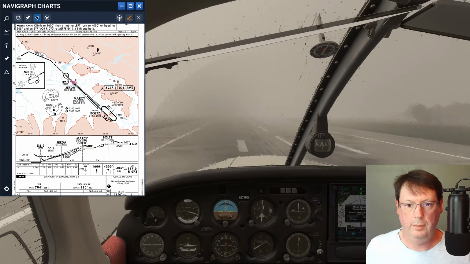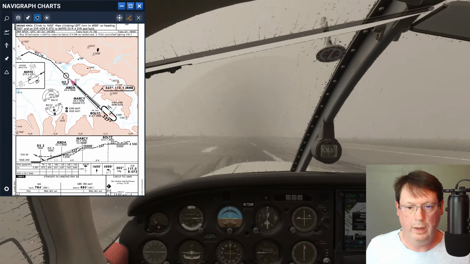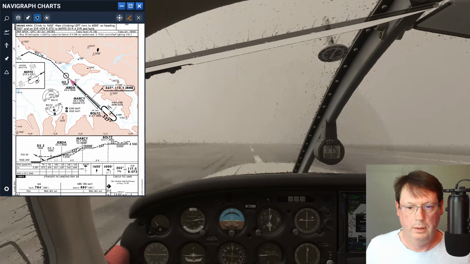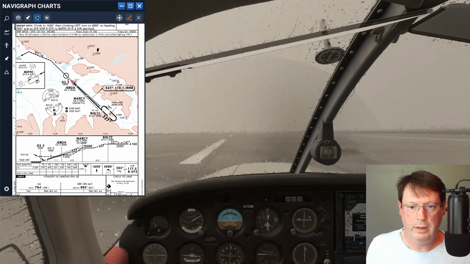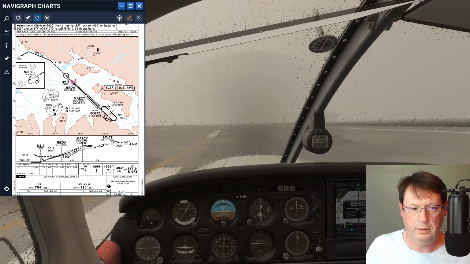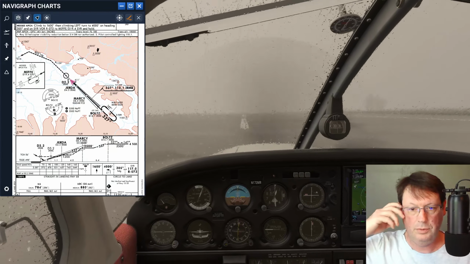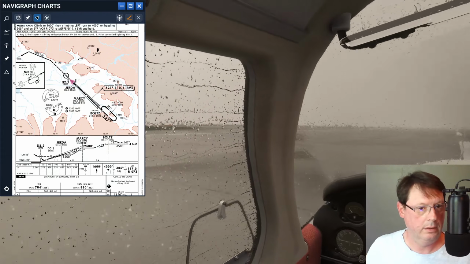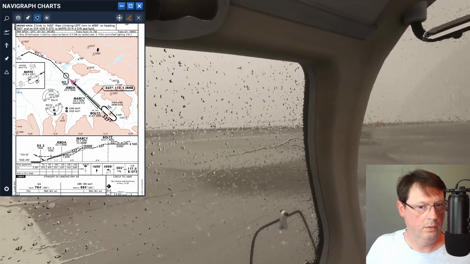So anyway, that's right about where most instrument approaches go south, which is real short final on ILS approaches in particular, because it gets really tight, the little cone that you're descending into, and it's tough.